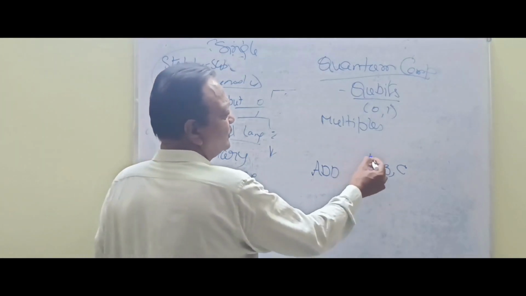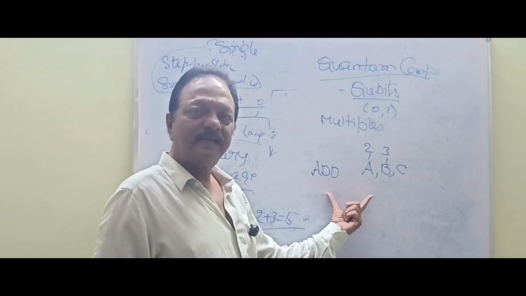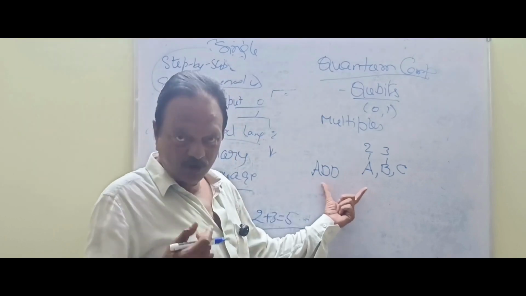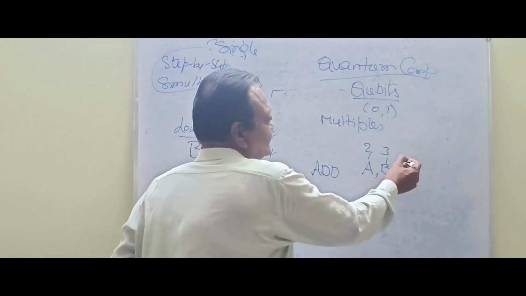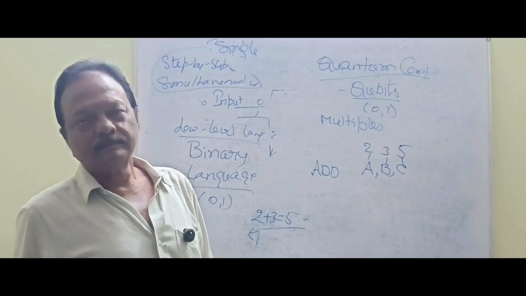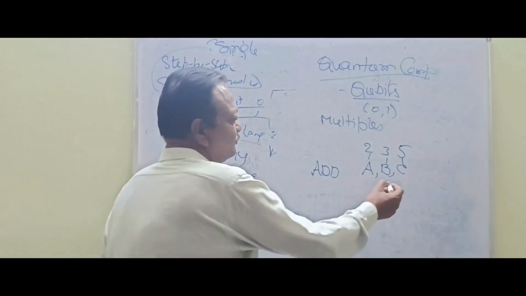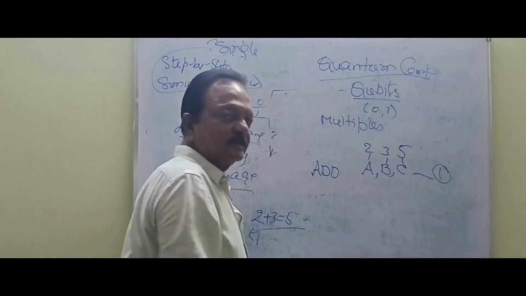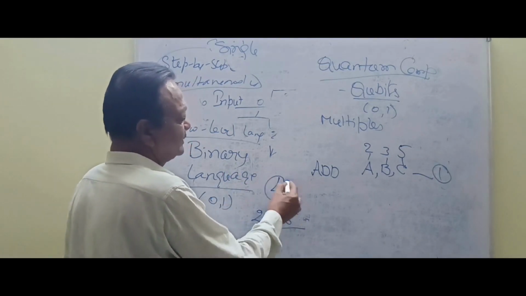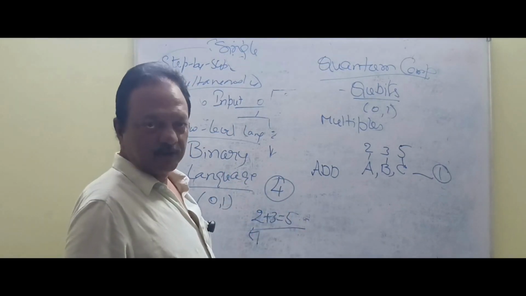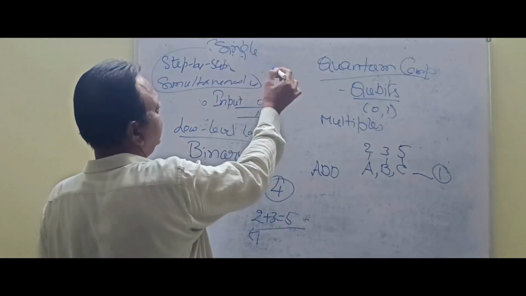A value is 2, B value is 3. This command will instruct the quantum computer to add A and B values and store into C. Single, one instruction, one line. Here it took 4 steps. Understood?